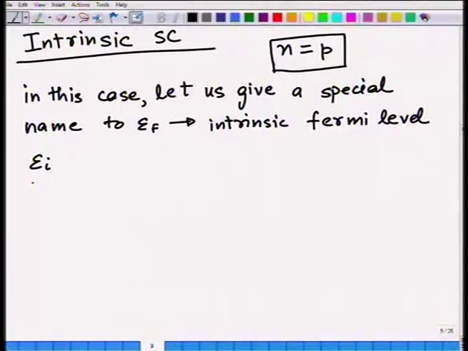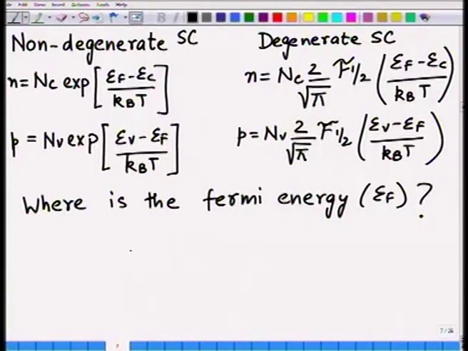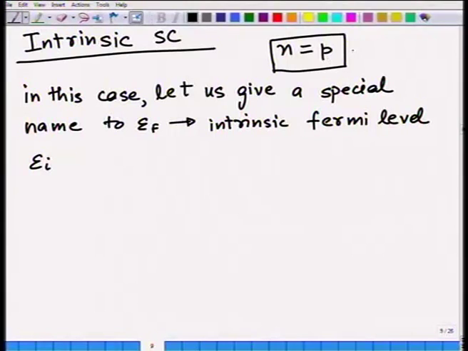Our question was, what is EF? We are now trying to determine what EF is. For an intrinsic semiconductor, the definition is n is equal to p. We will use this to determine where EF is.